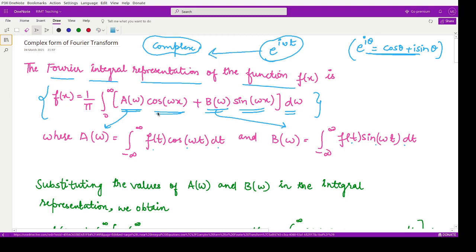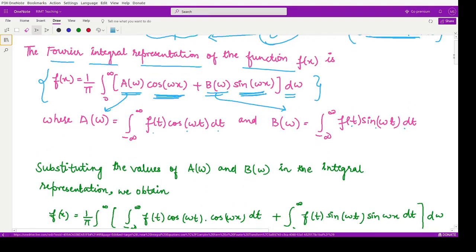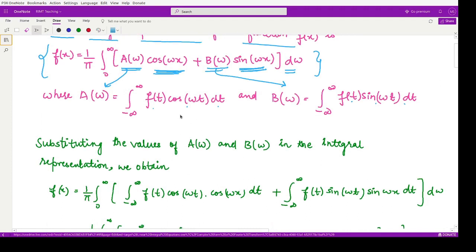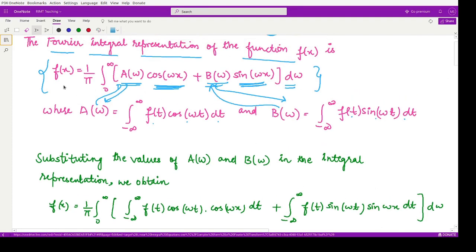So we have this cosine series form and the sine series form, which we have just covered. Next, how can we make this into the complex form of Fourier transform? The first thing that we'll do is substitute this value of a omega and this value of b omega back into this expression. So our expression for f of x becomes 1 by pi, integration from 0 to infinity.